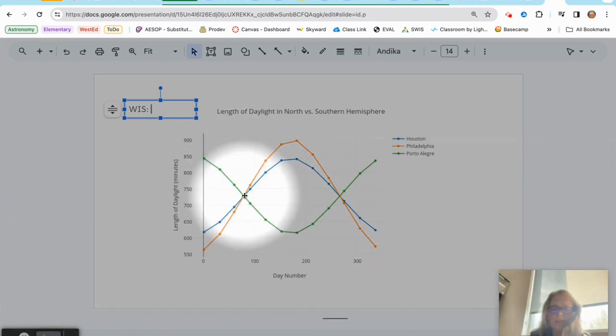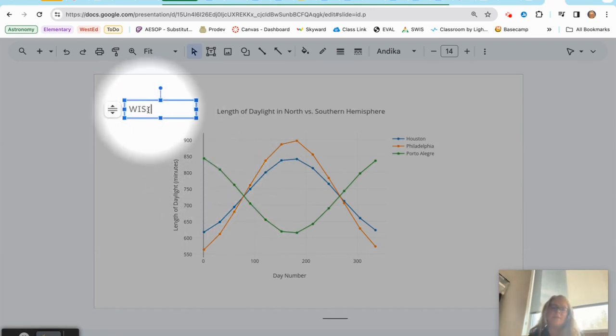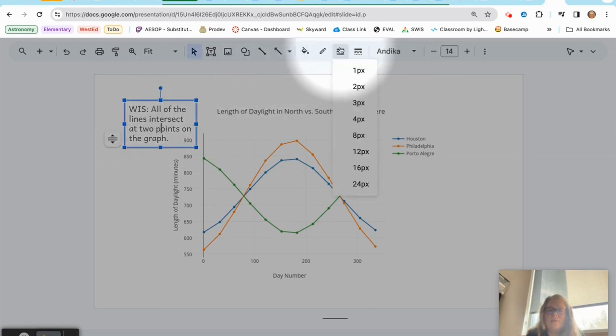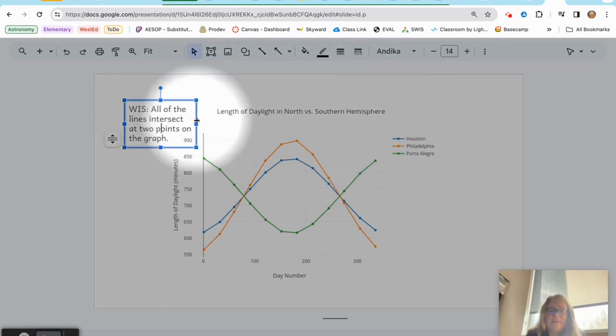This part right here is kind of interesting to me where all of these lines are crossing. So I might write something like what I see: all of the lines intersect at 2 points on the graph. Then I'll go ahead and put a box around that so you can see it. Then I need to point to where that's happening.